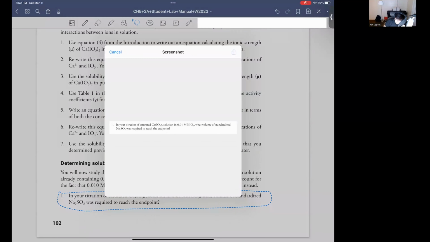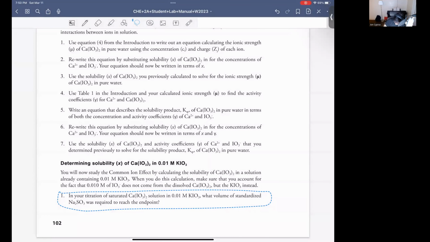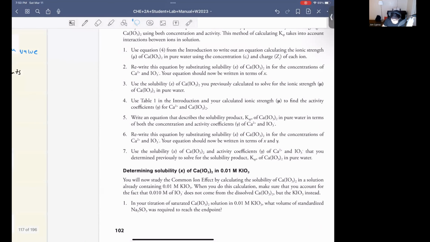We're using the common ion effect, so we're calculating the new solubility. We're going to be using the titration, your last titration data for this one.